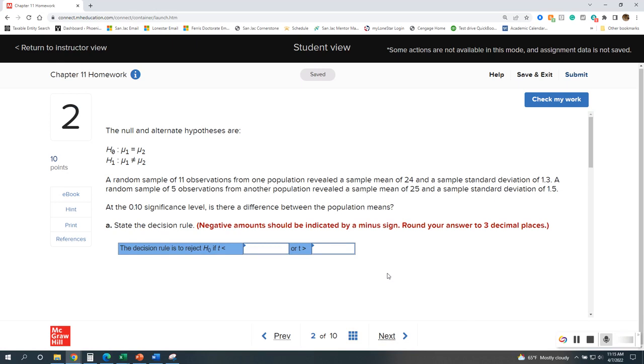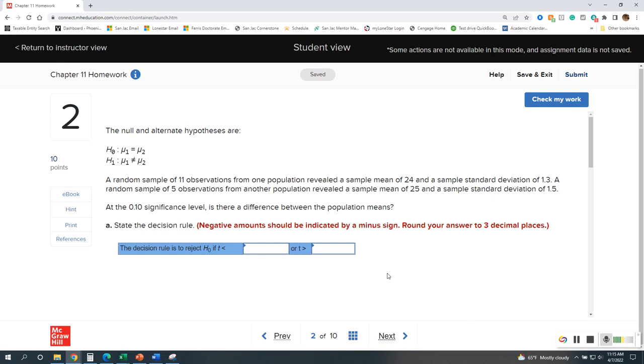We have the null, and we have the alternative, again with the equal signs. This time we have a random sample of 11 observations from one population, revealing a sample mean of 24 and a sample standard deviation of 1.3. A random sample of 5 observations from another population revealed a sample mean of 25 and a sample standard deviation of 1.5.